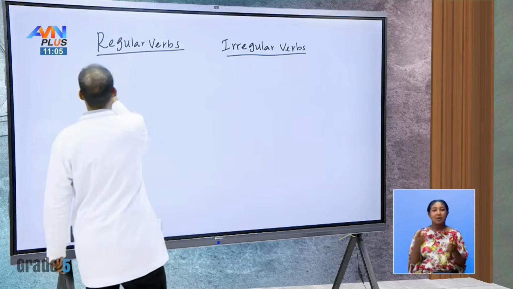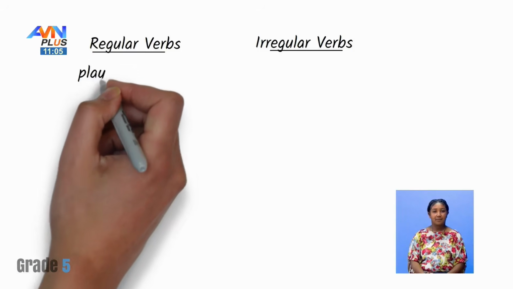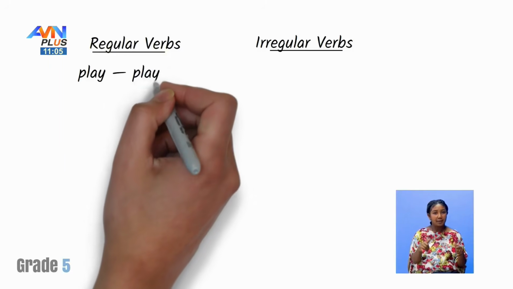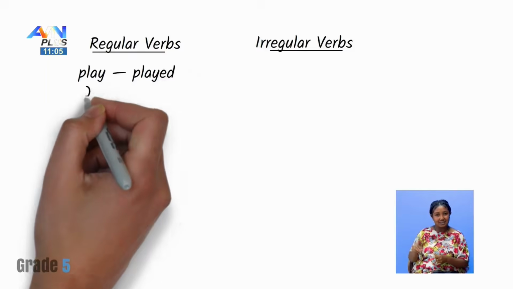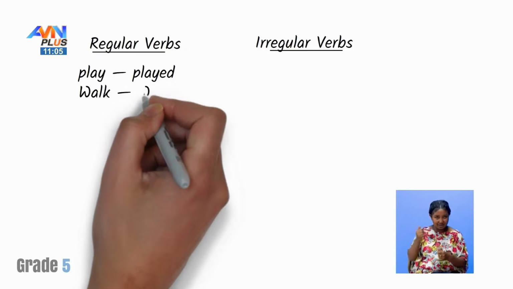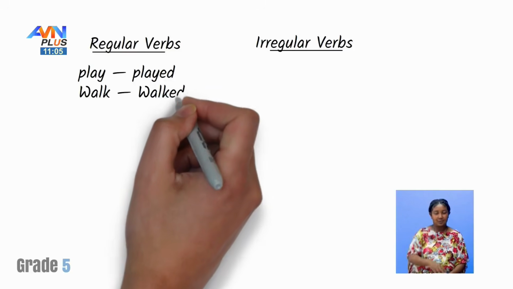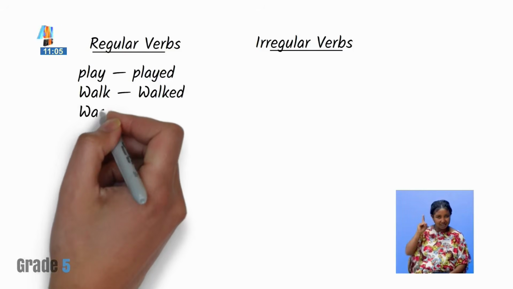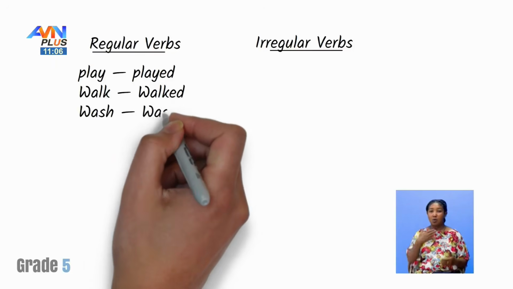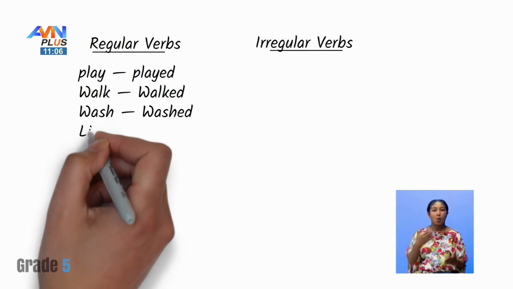For example, come on here. When we say play, then the verb 2 form of play is played. Look. Played. Walk, walked. Wash, washed.